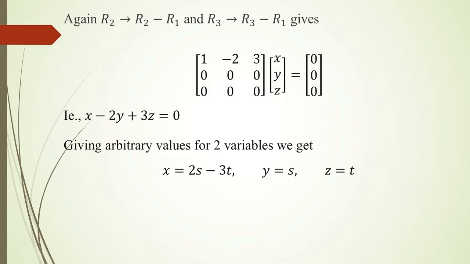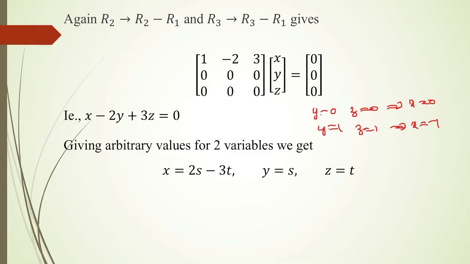Then the value of the third variable will be determined automatically. For example, if I give y is equal to 0, z is equal to 0, I will get x is equal to 0. If I give y is equal to 1 and z is equal to 1, then I will get x is equal to minus 1.